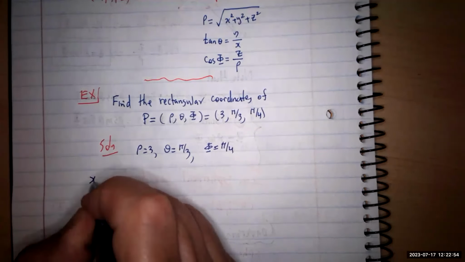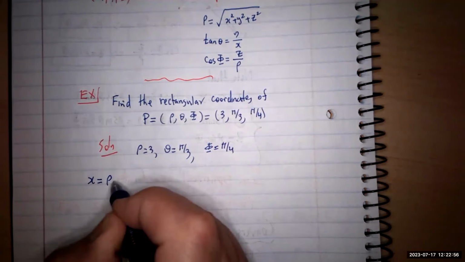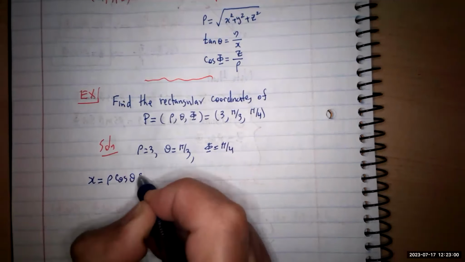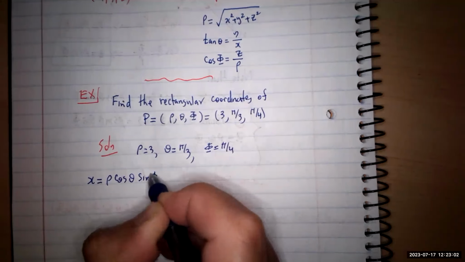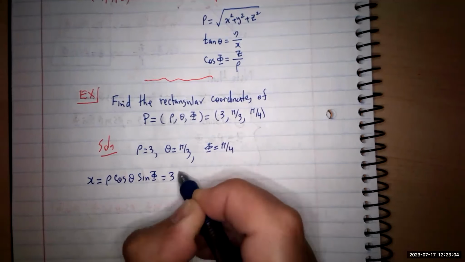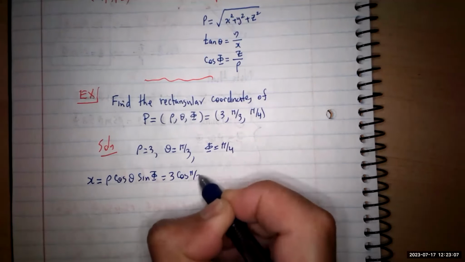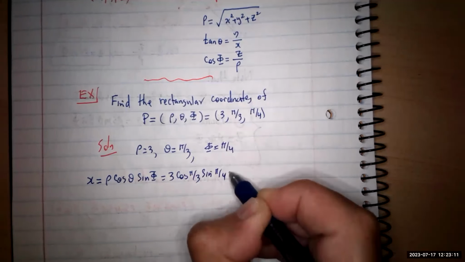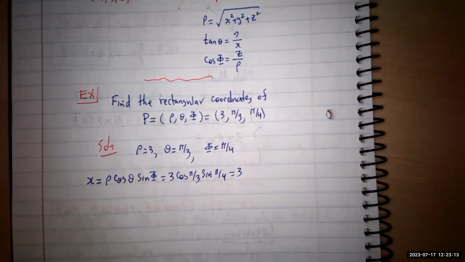Your x is going to be rho cosine of theta sine of phi. Substitute: 3 cosine of pi/3 times the sine of pi/4. Pi/3 is 60 degrees.